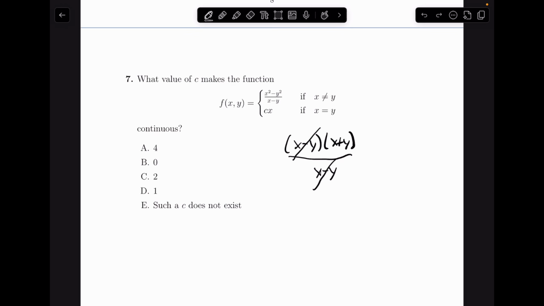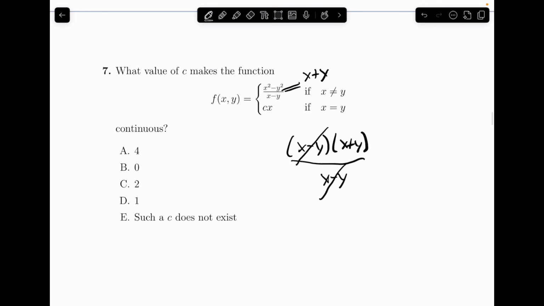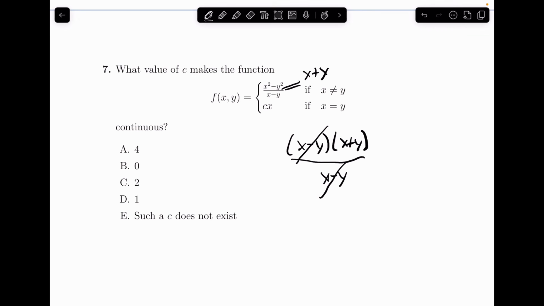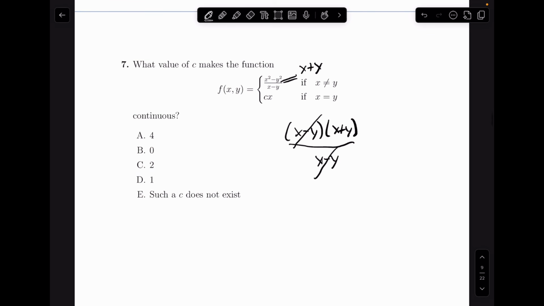Okay, so we can rewrite this as x plus y. If you remember, for this function to be continuous, we need the limit as x approaches y to be equal to the value at x equals y.